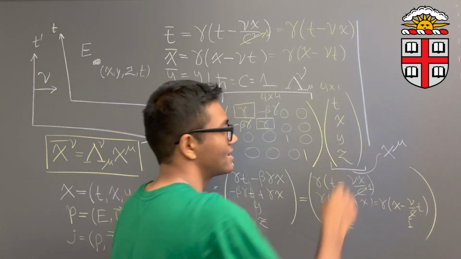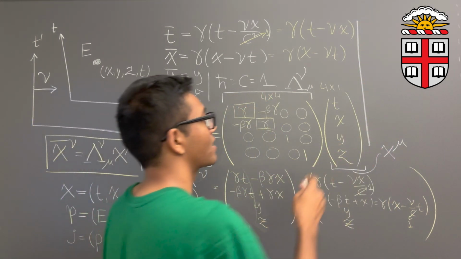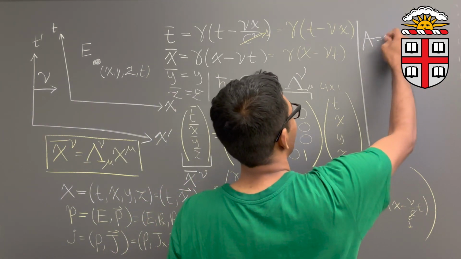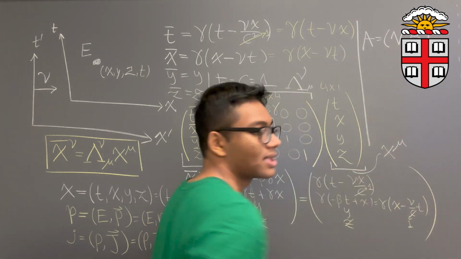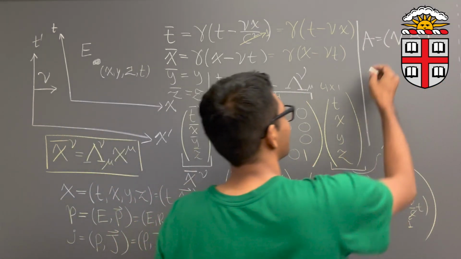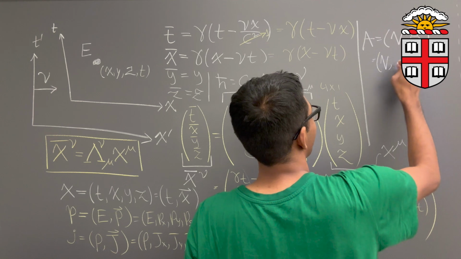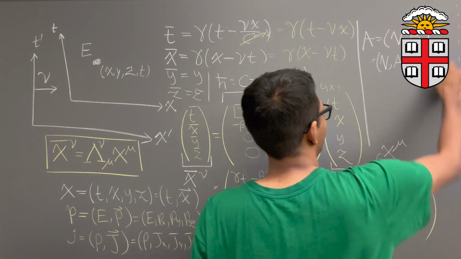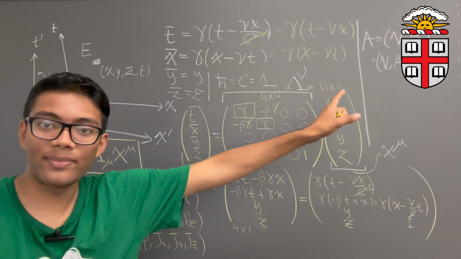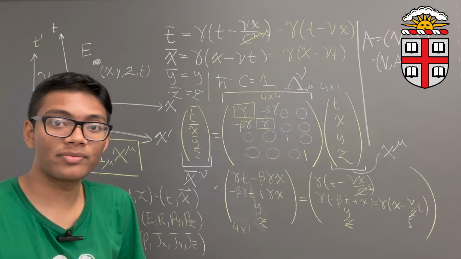First off is the vector potential 4-vector, A, which is equal to the electric potential, comma, the magnetic vector potential components. So that would be the electric potential V, followed by the components of the magnetic vector potential. This pops up all the time in electromagnetism.